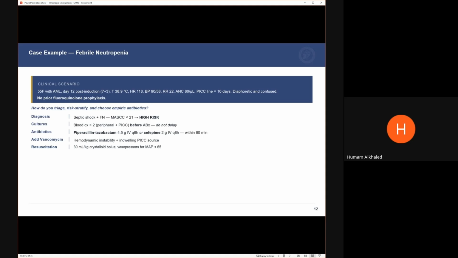If there's no response, then we want to start pressors to maintain a blood pressure over 65. If the fever persists after 4 to 7 days, this is when we'll start thinking about broadening the antibiotics that we have on this patient.